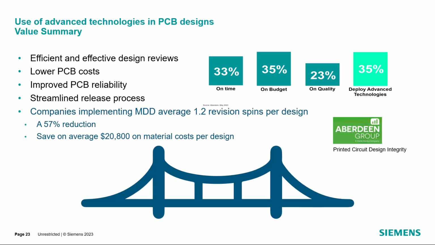From the same survey, companies implementing manufacturing-driven design early in their process averaged 1.2 revisions per design with a cost savings of $20,000.